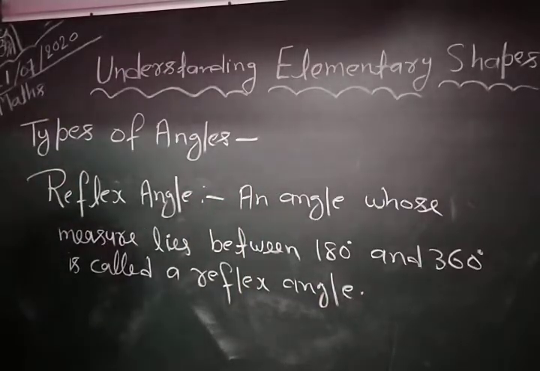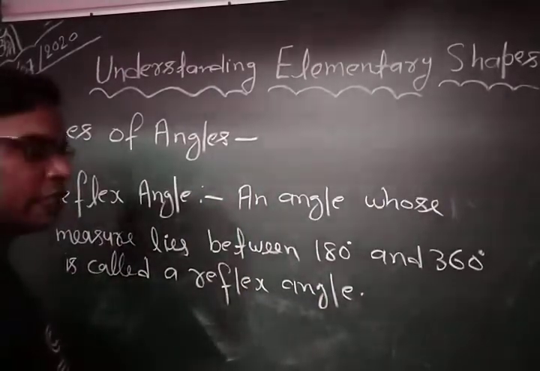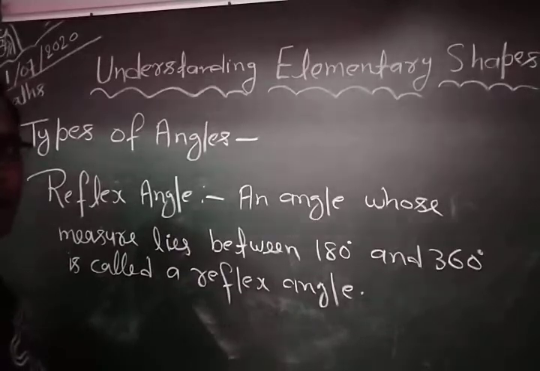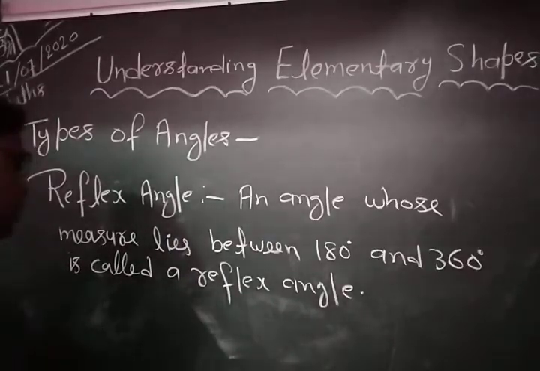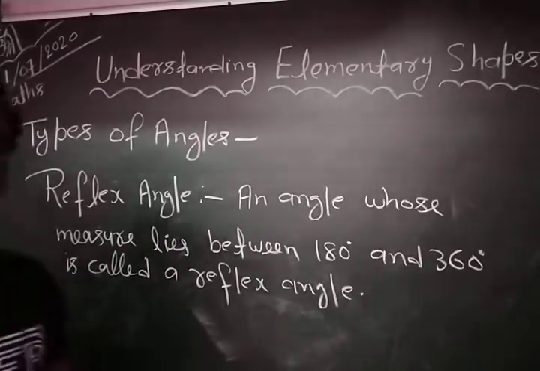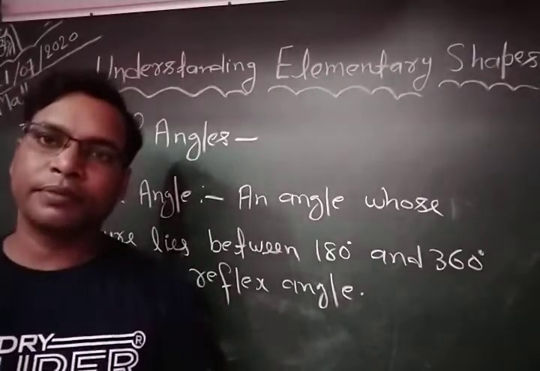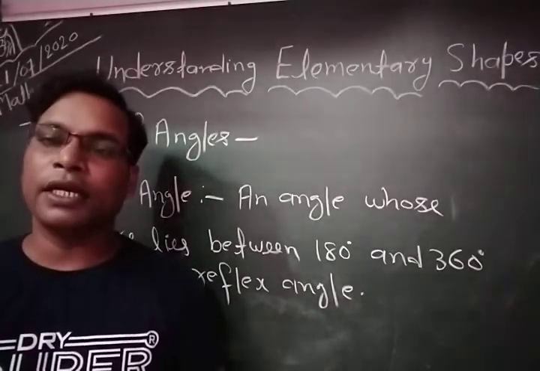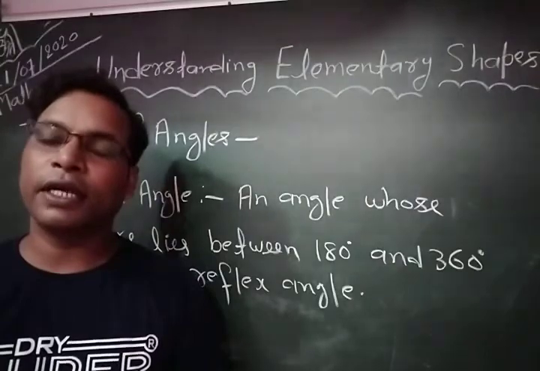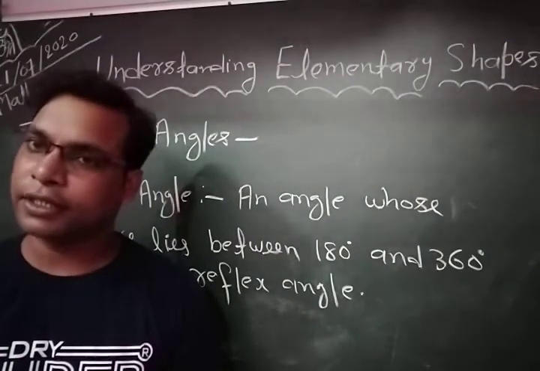Okay, an angle whose measure lies between 180 degrees and 360 degrees is called the reflex angle. It means that the range of reflex angle is greater than 180 degrees and less than 360 degrees.